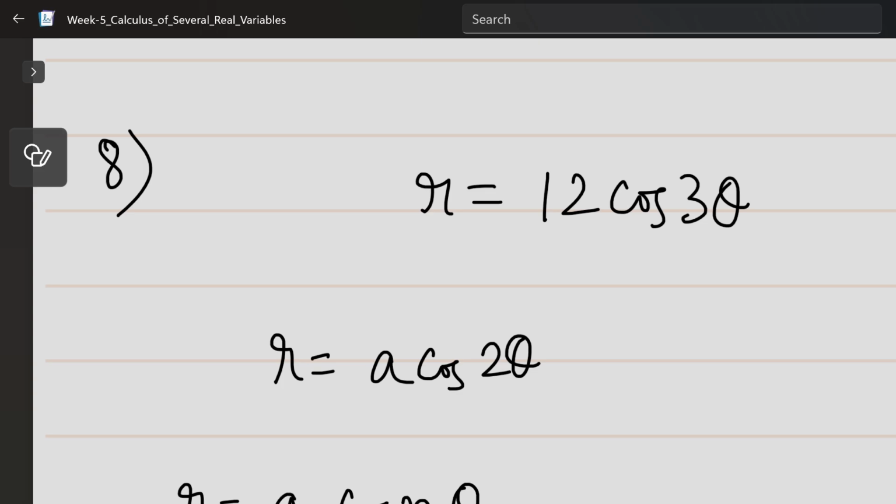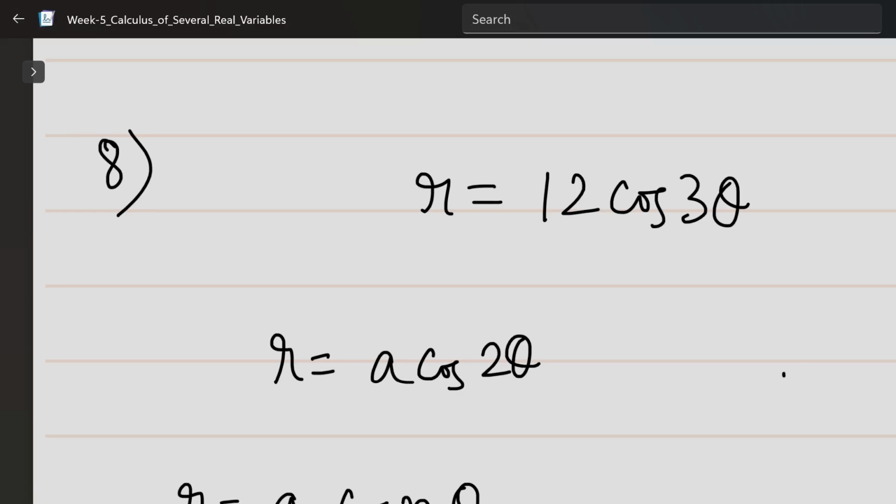If n is odd, then the number of leaves is equal to n. And if n is even, then the number of leaves is 2 into n.